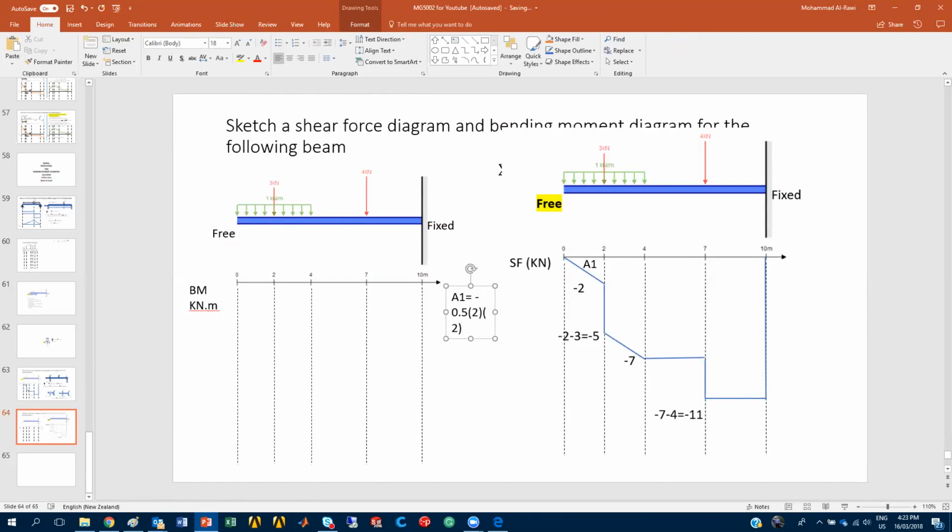If you ask me where I got the negative from, it's because I already have a negative here, -2. That's why I got the negative, because it's a negative area. Therefore, when I sketch it in the bending moment diagram, it will give me a negative answer. So 4 divided by 2, the answer is 4 kilonewtons meters.